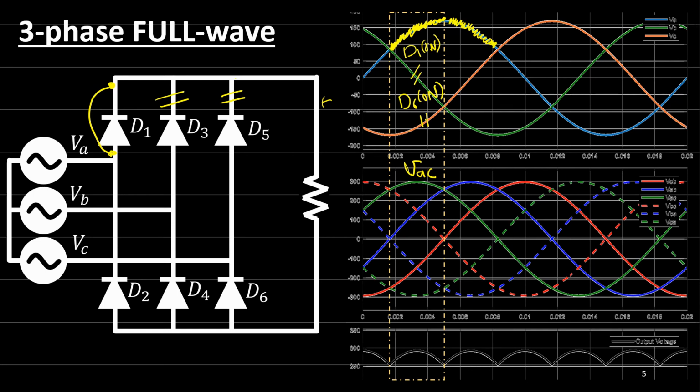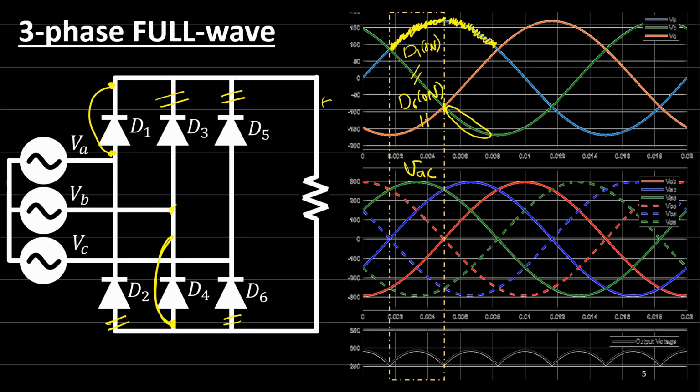But if you look at this moment here, you'll find that VB became smaller than VC and VA. VB here, so diode 4 will be conducting, and diode 6 and diode 2 will be off, and then here the waveform is coming like this.